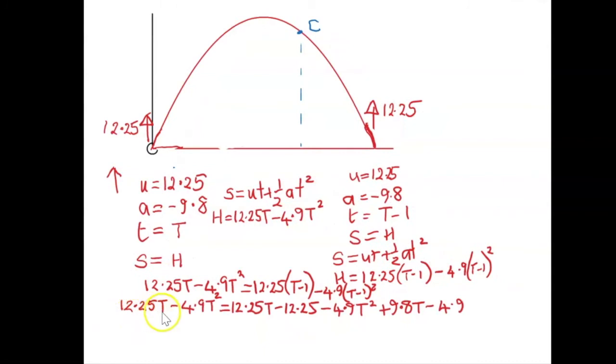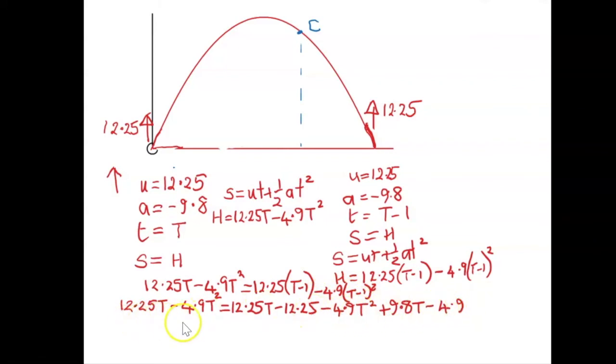So we get 12.25t minus 4.9t squared is 12.25t minus 12.25 minus 4.9 times t squared. Then when we multiply out, minus 2t times minus 4.9 is plus 9.8t, and minus 1 times minus 1 is plus 1, times minus 4.9 is minus 4.9.